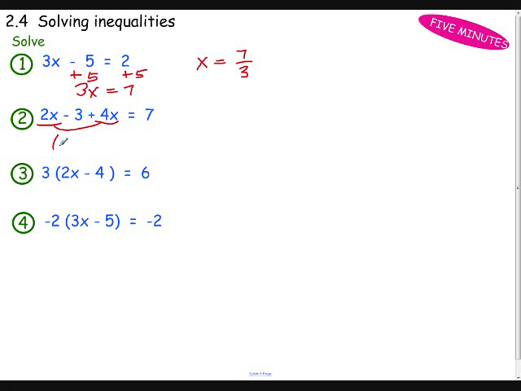On this one, the first thing we would do really is combine like terms. So we'd have 6x minus 3 equals 7. I'm going to use the addition property of equality, so I'm going to add 3 to both sides.